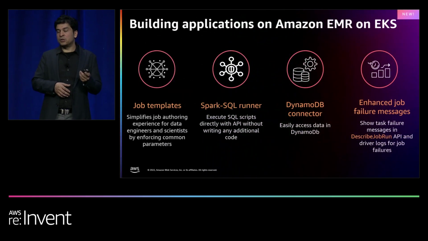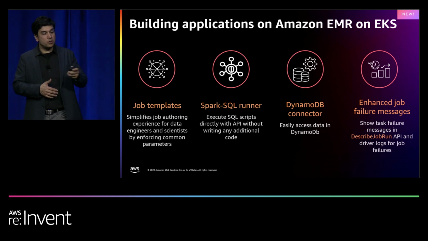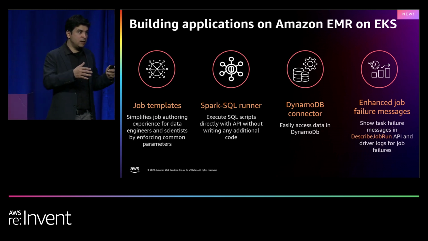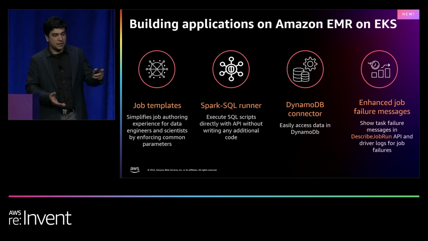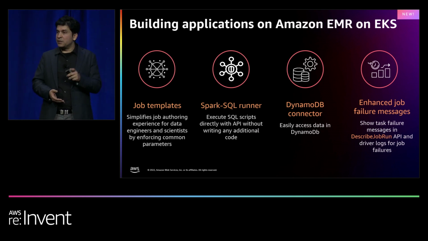Now, some of the key features that we have built on EMR and EKS this year is job templates. Your data engineering teams submit jobs, and they often have the same parameters getting repeated. So with job templates, you can give data engineers a template saying, go fill this template, and when you instantiate this, you will get a job. The template can have common arguments like source data, target location, maybe encryption keys, and arguments like that.